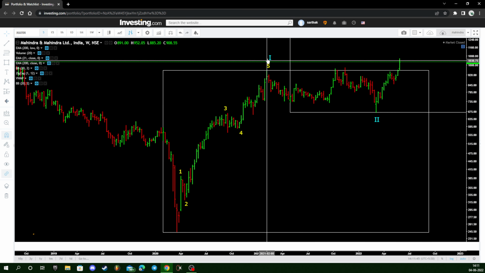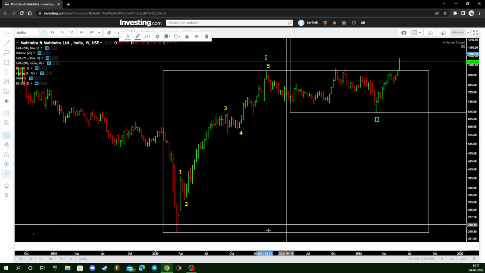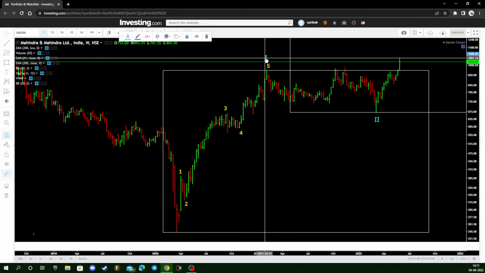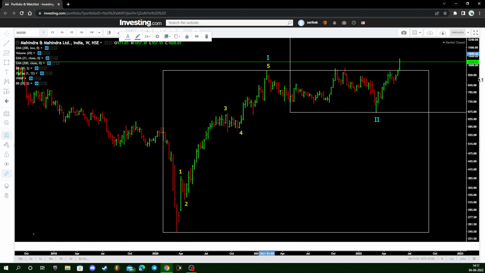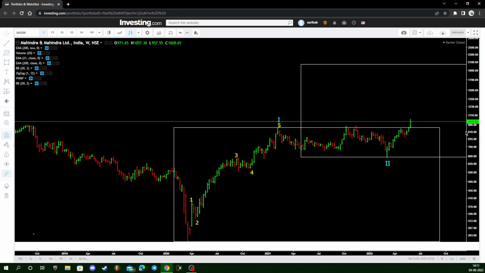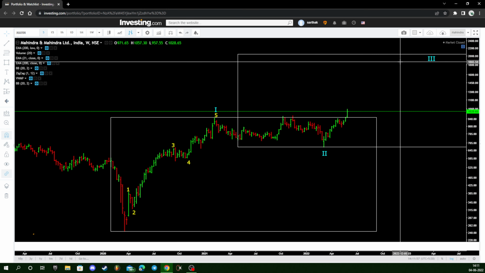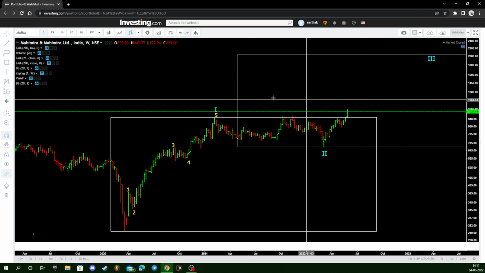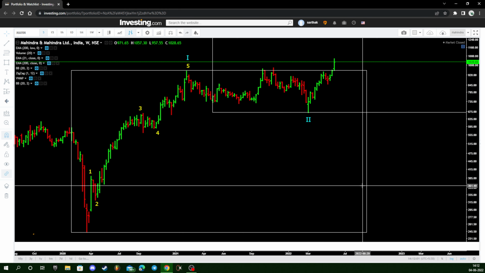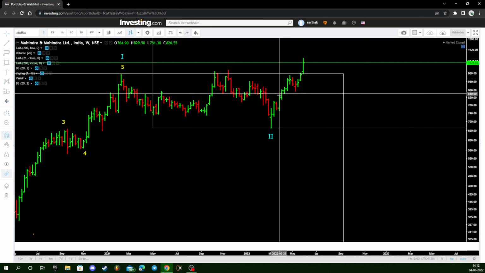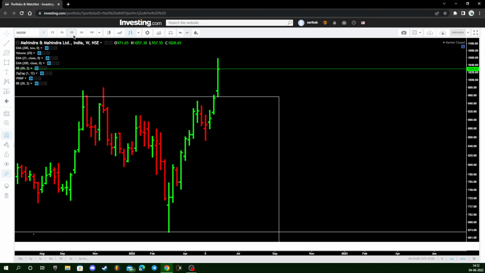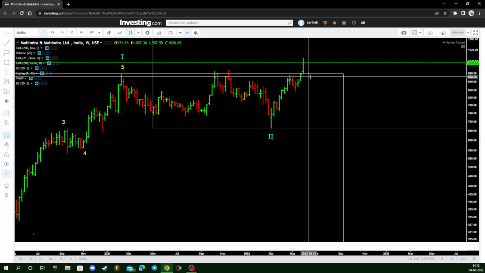So this looks like a wave 1 and this looks like a wave 2. So if 1 2 3 4 5 is done and we have done a major wave 1 and 2, then probably we are heading towards that wave 3, which can take us all the way till 1800 to 2000 levels. But on the weekly chart it looks like a 1 2 3 4 5 completing. So this is a sign of concern.